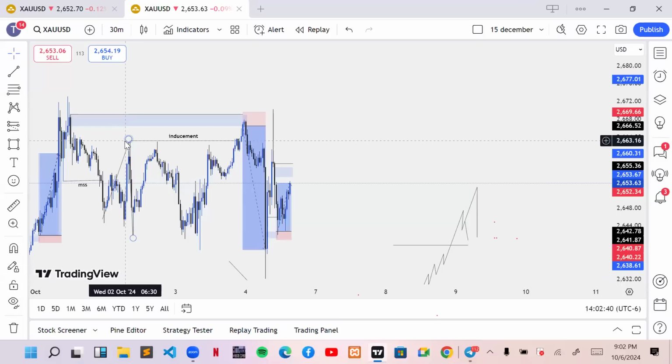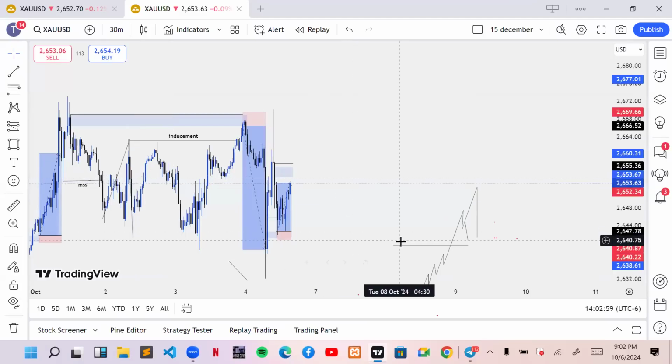It broke structure too, so this was the shift in market structure. After that, market made this pullback that took market down to the zone it broke structure to. That is why I marked this one as my inducement. You can still mark this one, it won't matter, but I picked the first one. I always pick the first one.